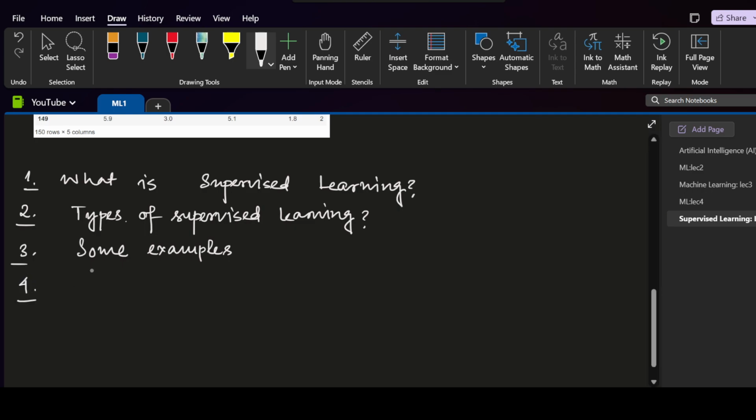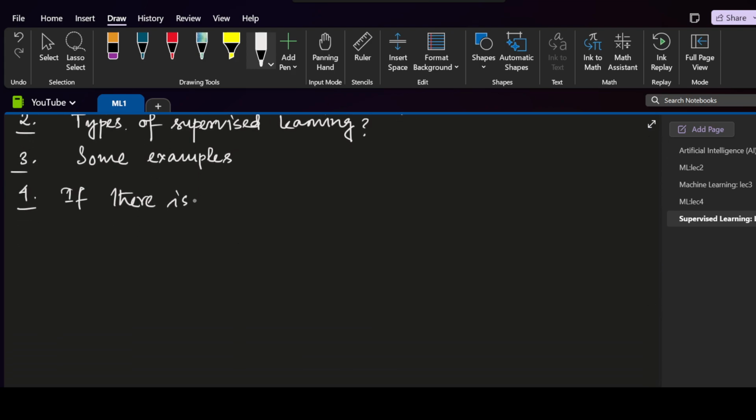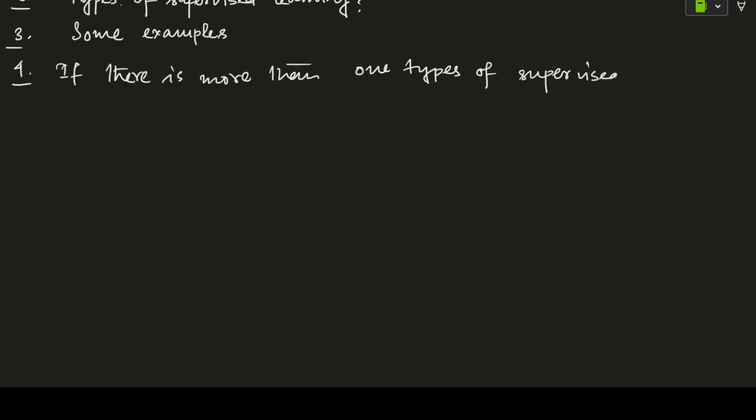And if there is more than one type of supervised learning, then what are the key differences between them?